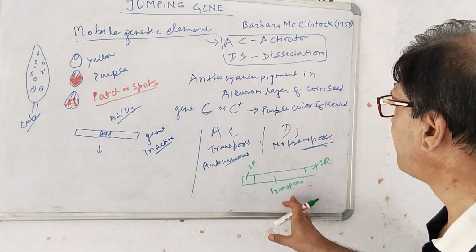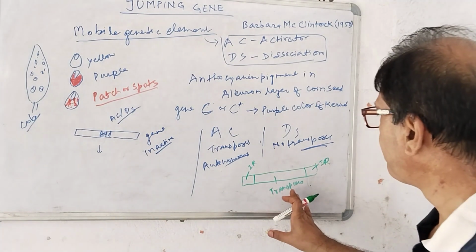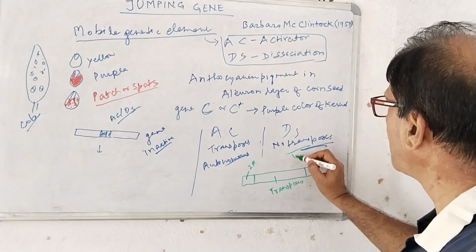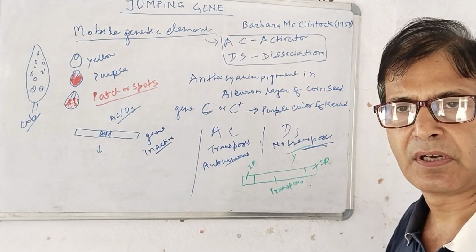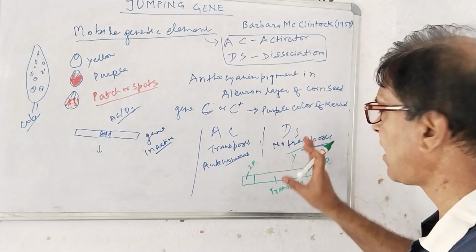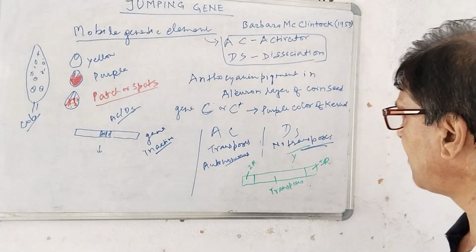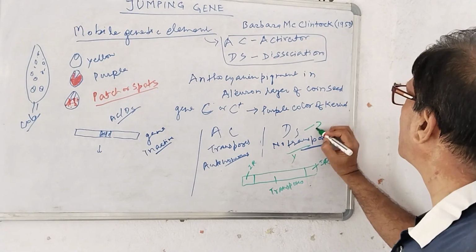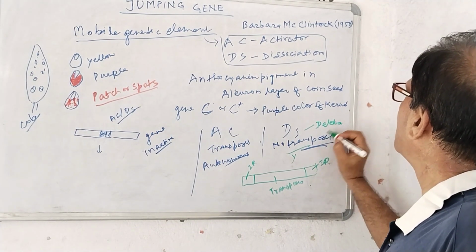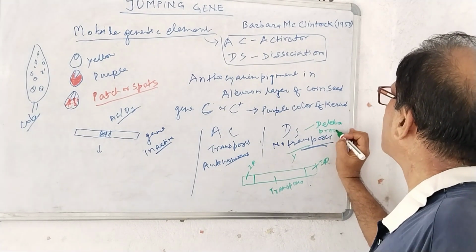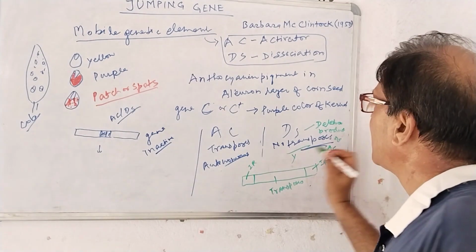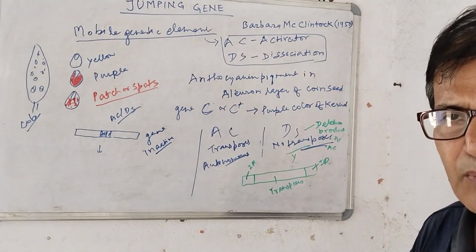Here you will find that the transposase enzyme is not produced by this DS element. Otherwise, both are very similar. Therefore, DS is called the deletion product of AC. DS is nothing but a deletion product of AC.